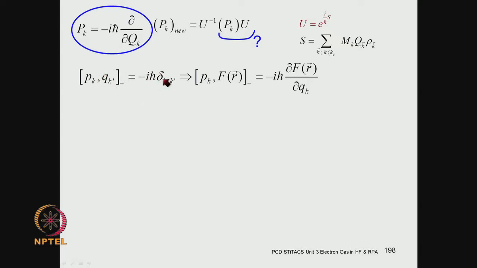And if you begin with this, your first course in quantum mechanics, you would have done this problem, that any operator which is a function of the position operator does not commute with the momentum operator, but the commutator is equal to minus i h cross the derivative of this operator with respect to the corresponding component. P will have 3 components corresponding to x, y, z, right.